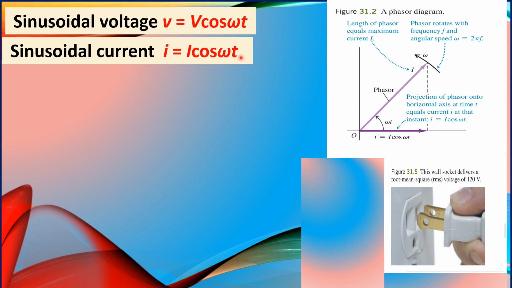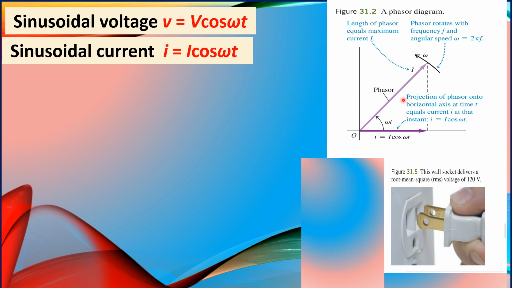Now, as shown in this figure, we call this a phasor diagram. When we say that small i is equal to capital I cosine omega t, it can be explained using this phasor diagram, an example of which is the phasor current.